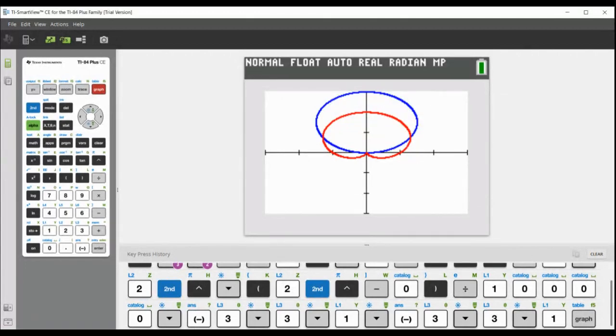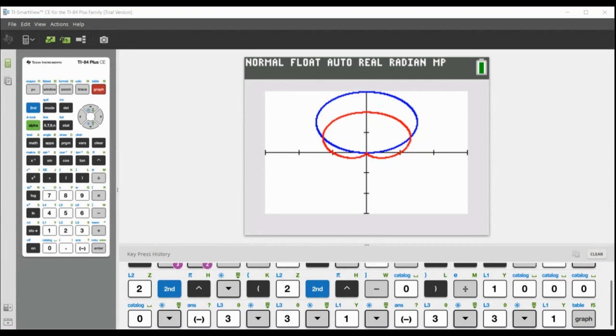Now, what we have to do is we want the area in the circle. The circle is the blue figure, and we want the area that lies inside the blue circle and outside the red cardioid.